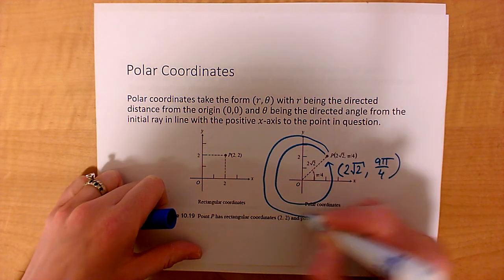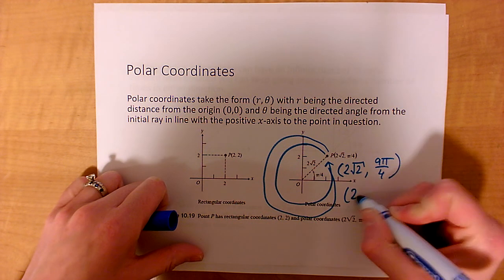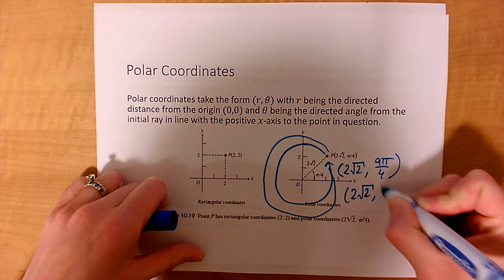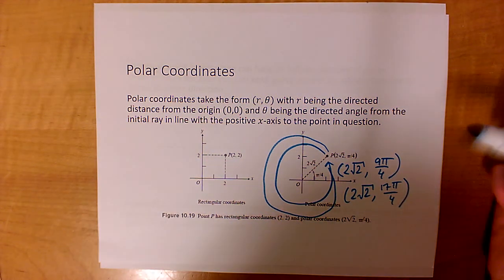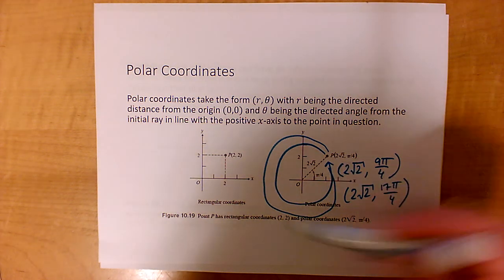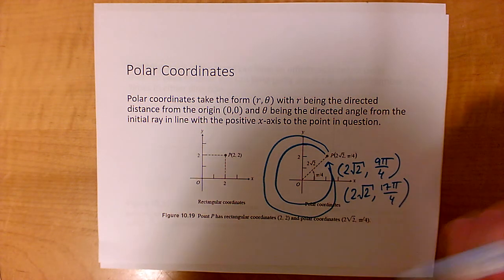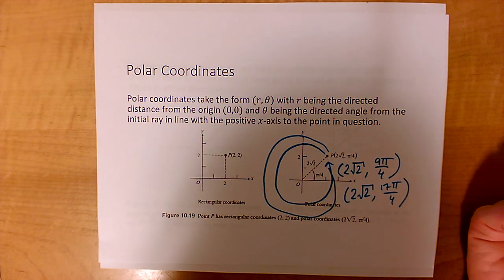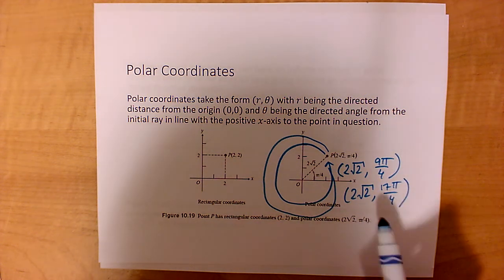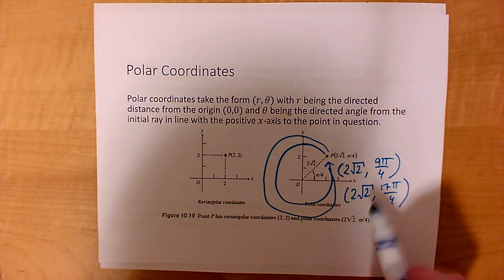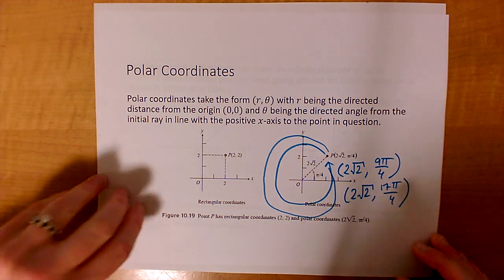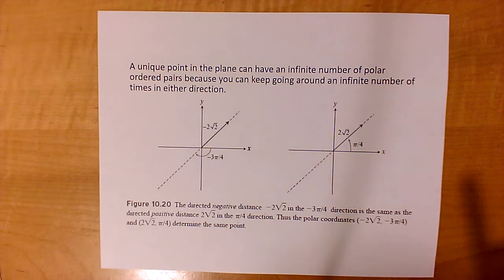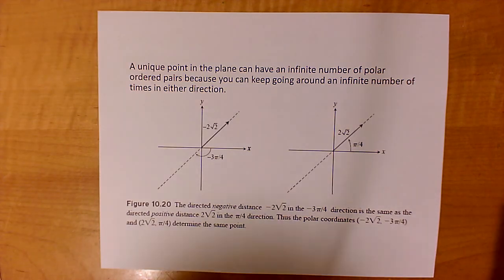We could go around the circle again and have 2 root 2, 17 pi over 4, and we could keep doing that forever, and we could also go the opposite direction, and then we would get a negative angle. So there are infinite ways to write this same exact point, okay? And that's what we're talking about on this slide here.